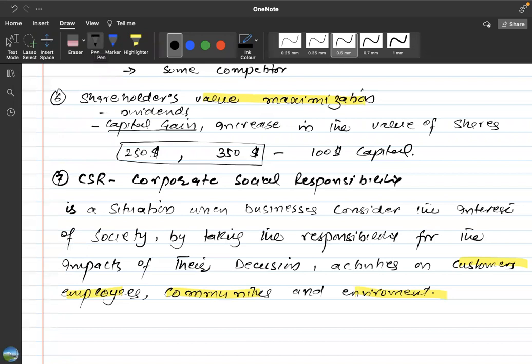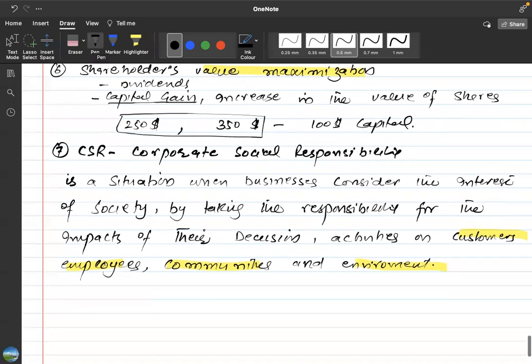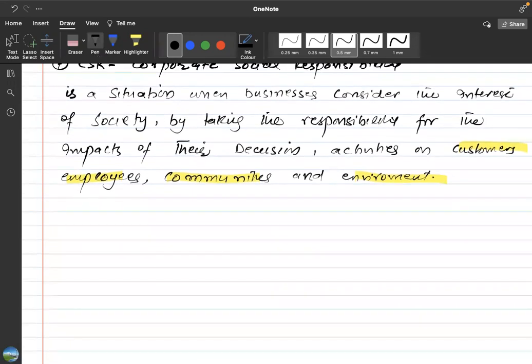We'll talk separately in a separate lecture about the details of the CSR and all that. But the last objective that business might have is maximizing short-term revenue.